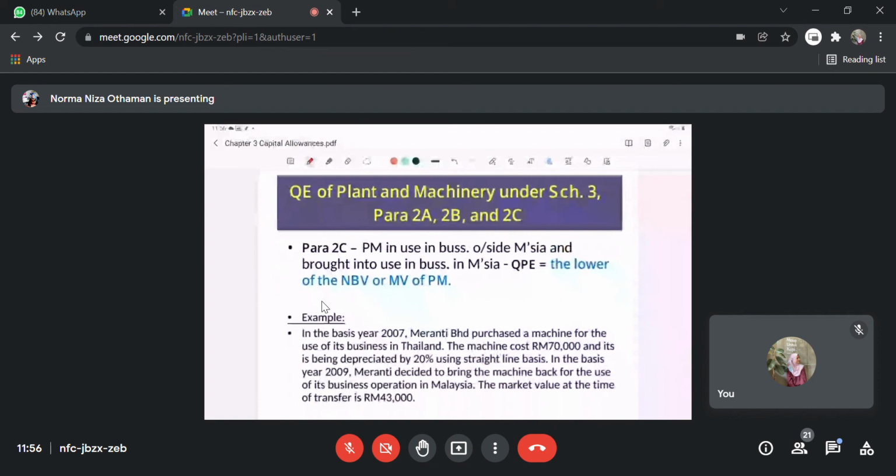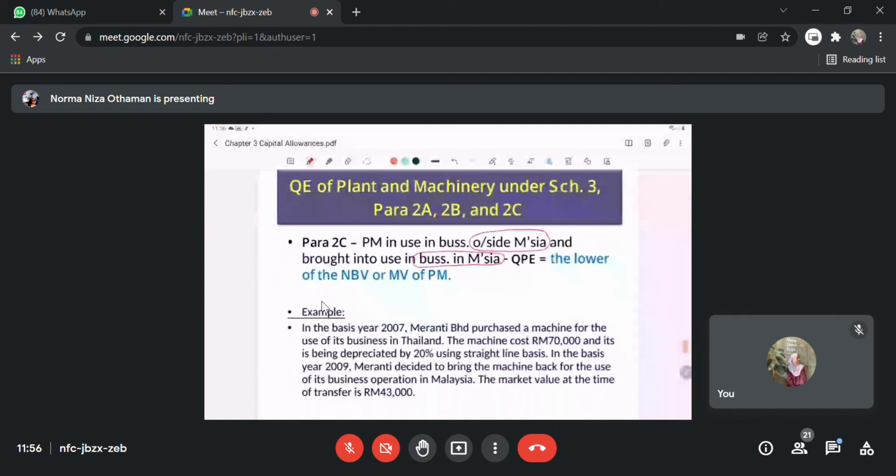Okay, so condition yang ketiga untuk used asset juga, the plant and machinery is used for the business but outside Malaysia. Sebelum ni, plant and machinery tu digunakan tapi dekat branch luar daripada Malaysia. And then brought into use in the business in Malaysia. So this is a condition dia.